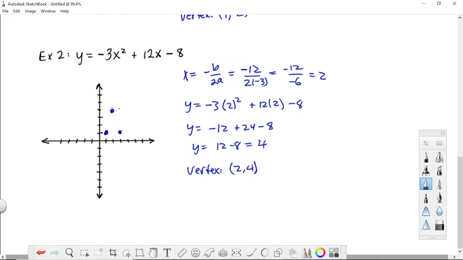So now we can draw this. We've got enough points to sort of sketch it. Not real good at this. That's not completely terrible. Okay, one more try.